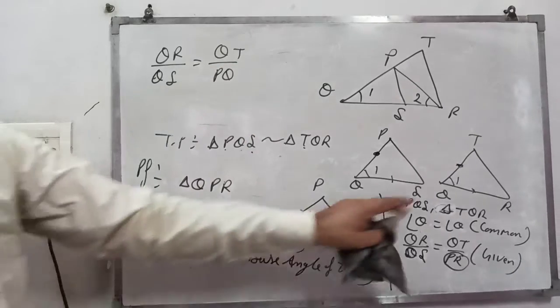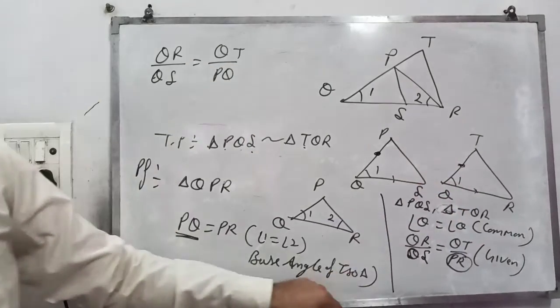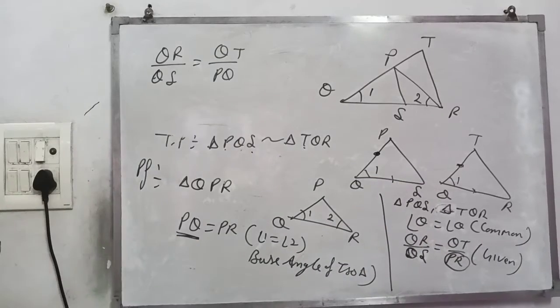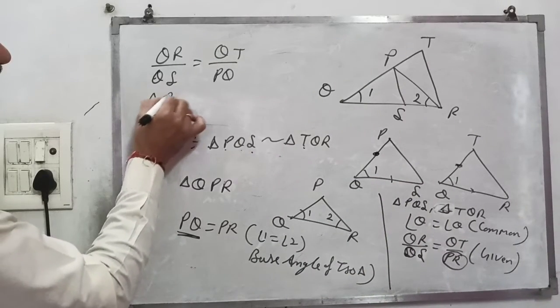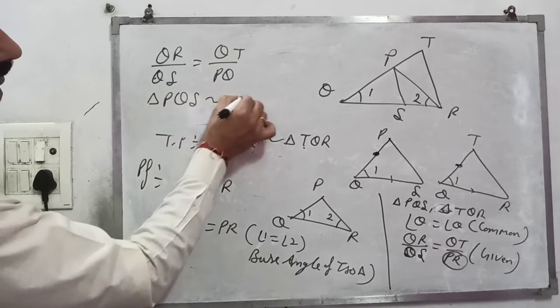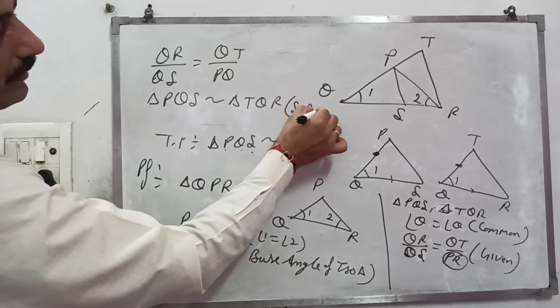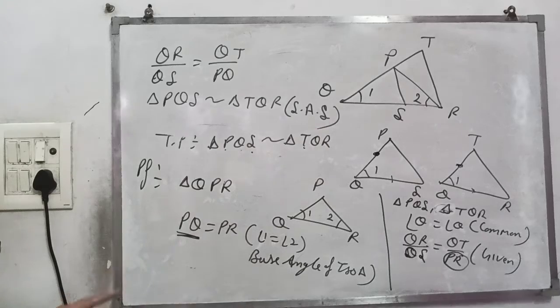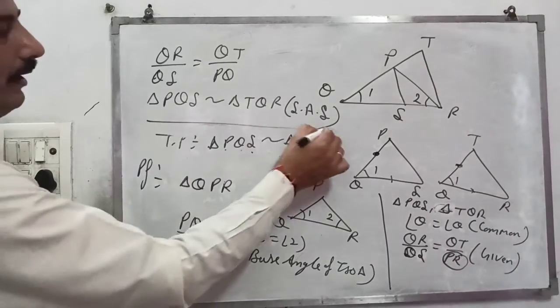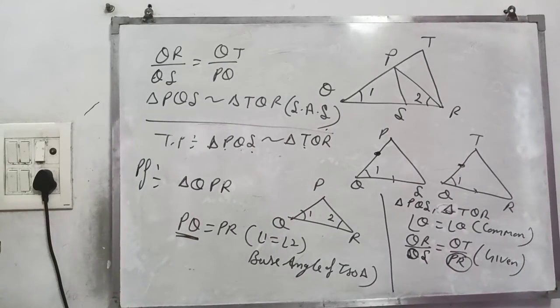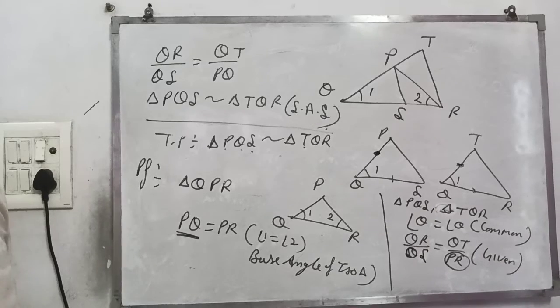Now in these two triangles, the ratio of two sides is there and one angle is common. So triangle PQS is similar to triangle TQR by SAS, the ratio of two sides and one angle. So in this way we can prove that, right?